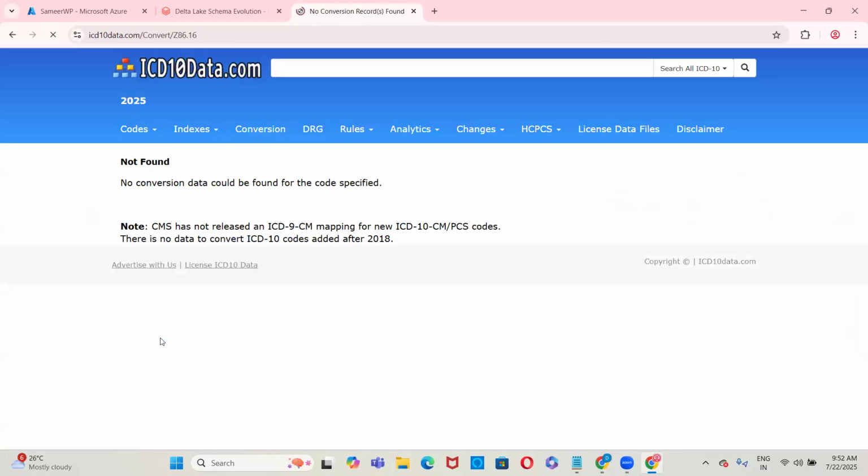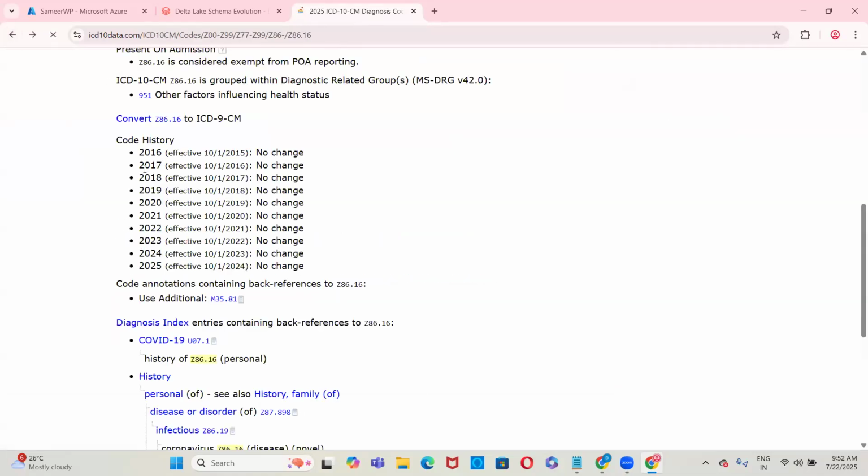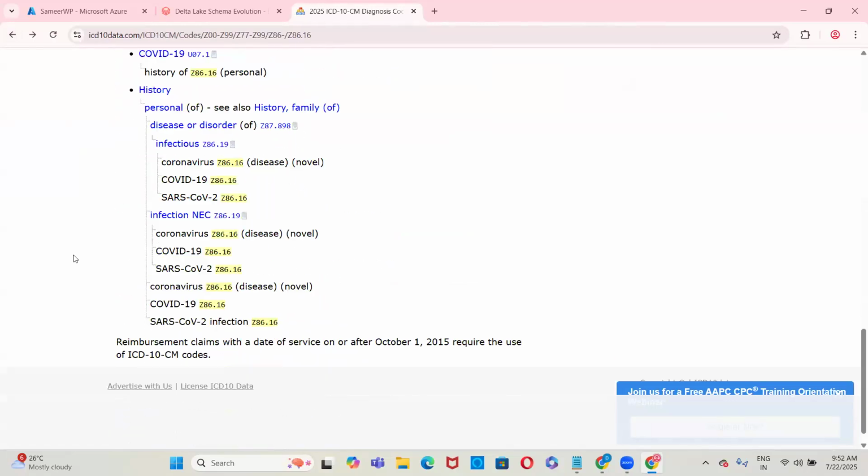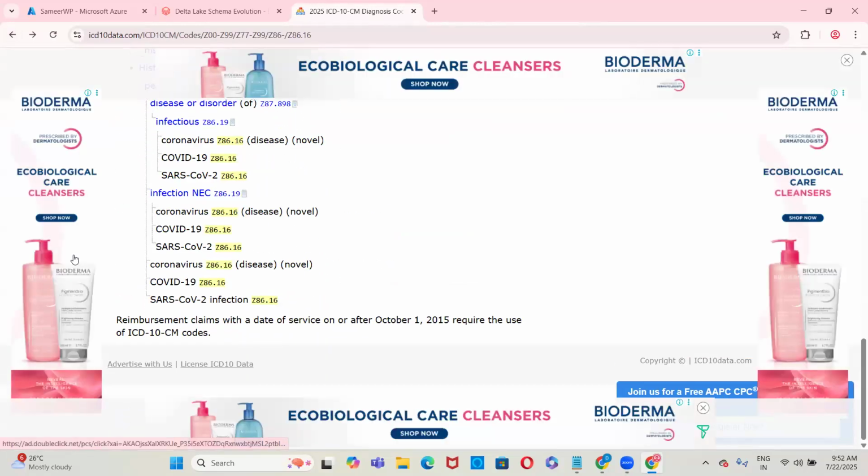To converting it to the code. So this website is particularly, can you see here, guys? SARS-CoV-2 infection. What is it? What is the code for it, guys? Z86.16. Can you see here? This is the code of the same.